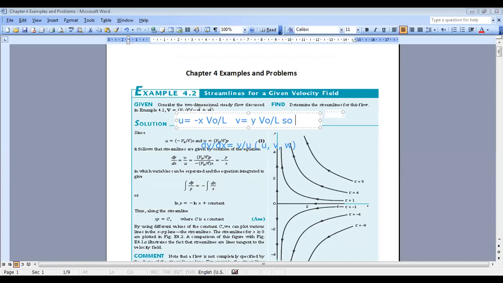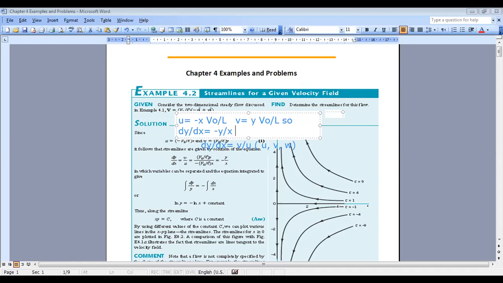So dy over dx is equal to minus y over x. Okay, and now to solve, you do separation of variables.